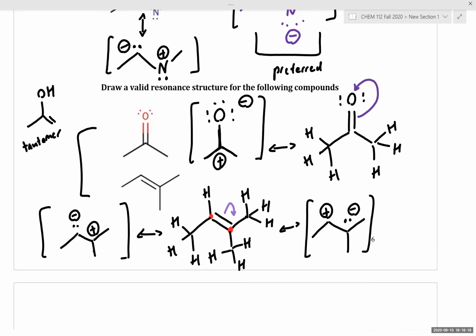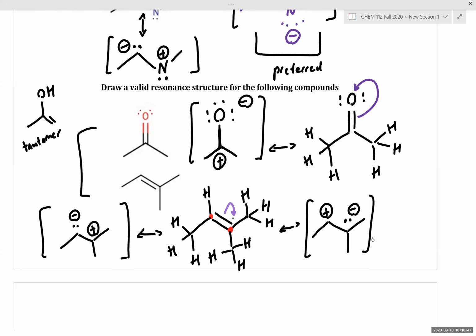We took our electron density in our double bond and moved it to one of the two atoms involved in our pi system, or involved in our pi bond. Does that make sense? Is everyone more comfortable with this first step in drawing resonance structures? Can I get some feedback in the chat from everyone who's here?